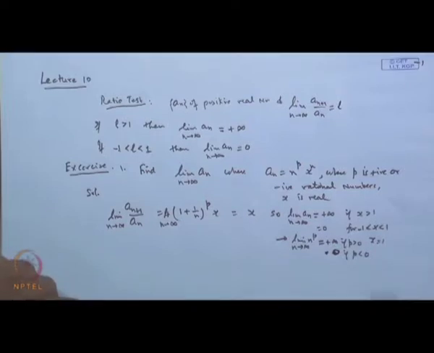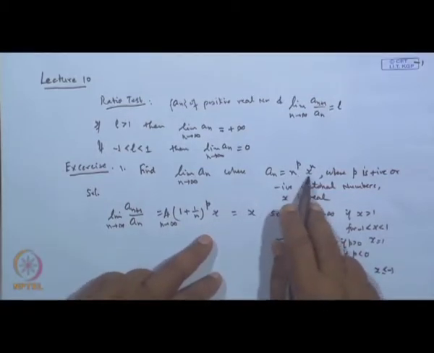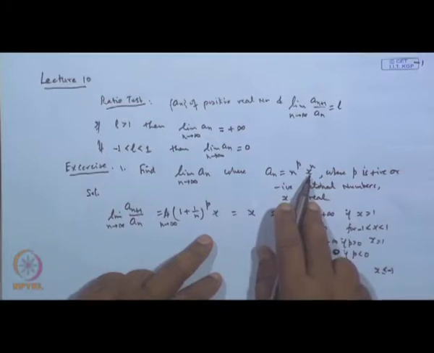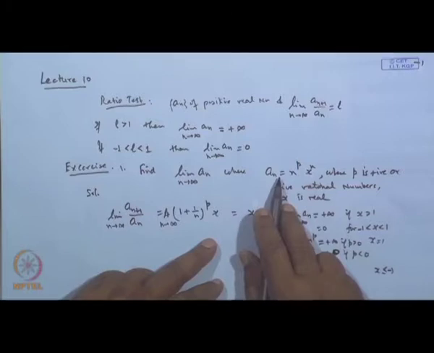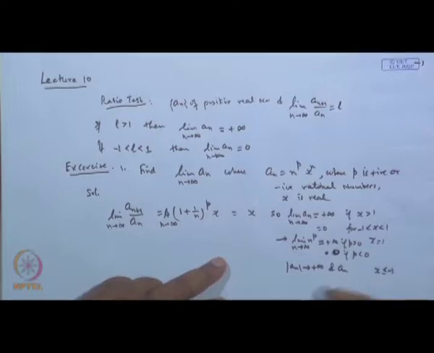Okay. And if x is less than or equal to minus 1, then what happens? The sequence involves minus 1 to the power n, and it will keep on oscillating. So, the modulus of a n will go to plus infinity and the sequence is oscillatory infinite.